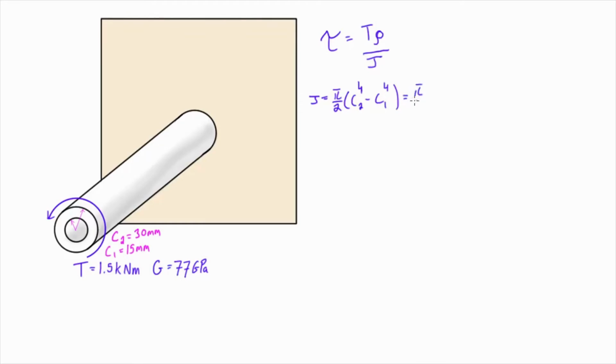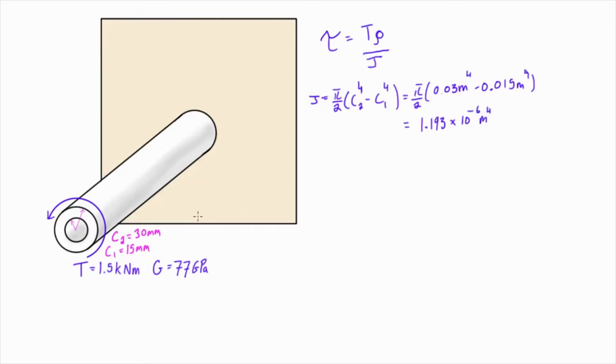So this is pi over 2 times 0.03 meters to the power of 4 minus 0.015 meters to the power of 4. And when we crunch that, we get J equal to 1.193 times 10 to the minus 6 meters to the power of 4.